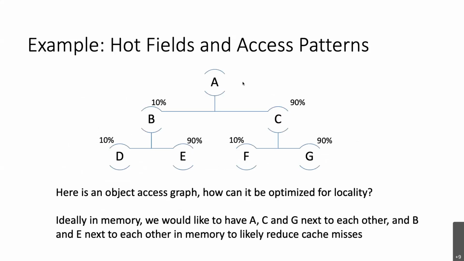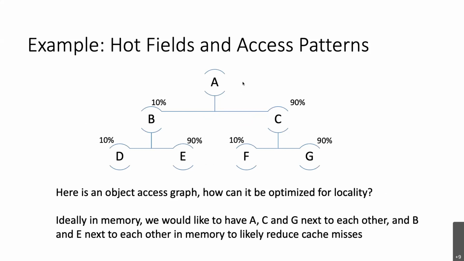Take a look at this very basic object graph. Let's say you have object A, which has two fields, B and C. 10% of the time B is accessed, 90% of the time C is accessed. If you look at object C, 10% of the time field F is accessed, 90% of the time field G is accessed.